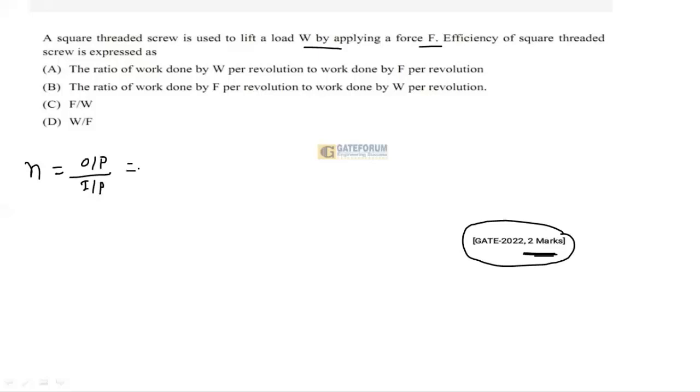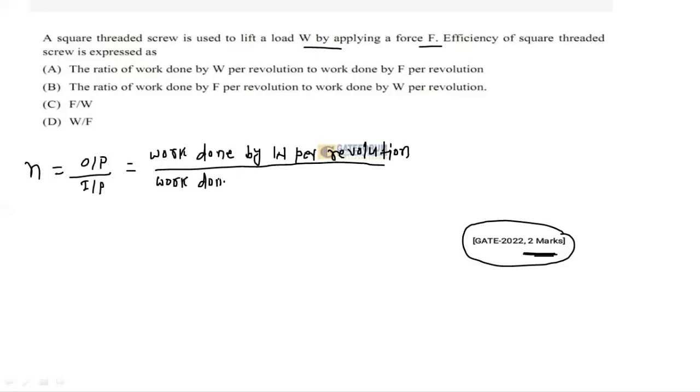This is always the output work done by W. So this will be work done by W per revolution upon work done by F per revolution.